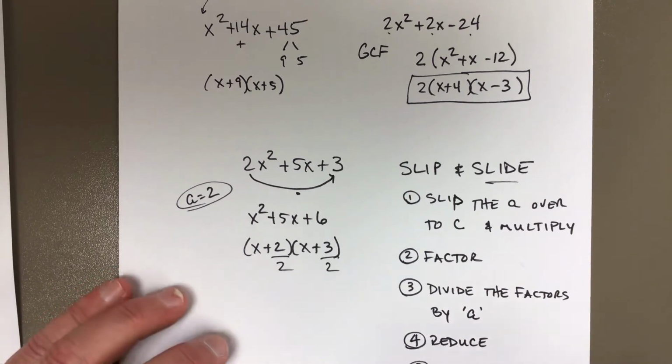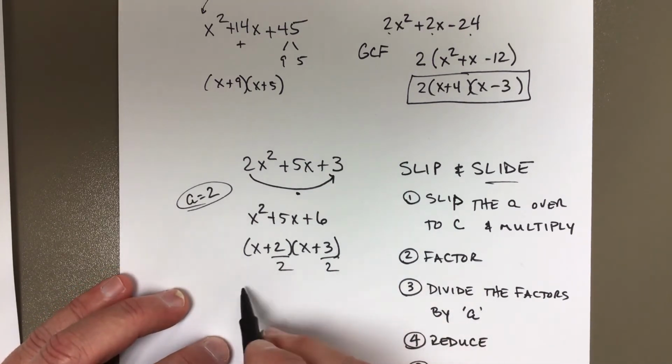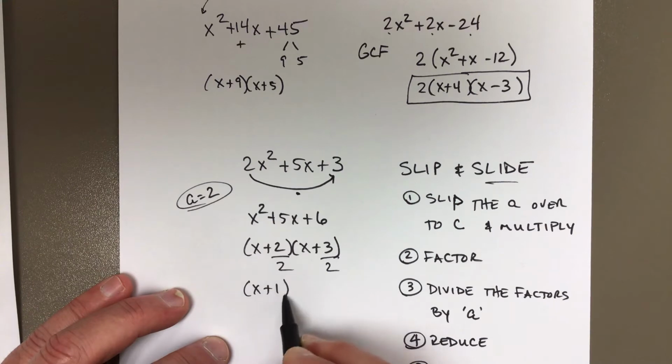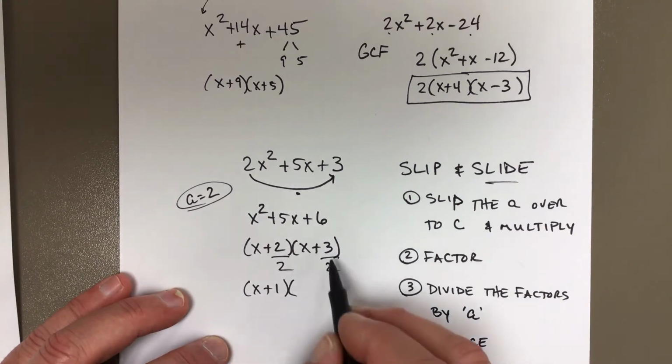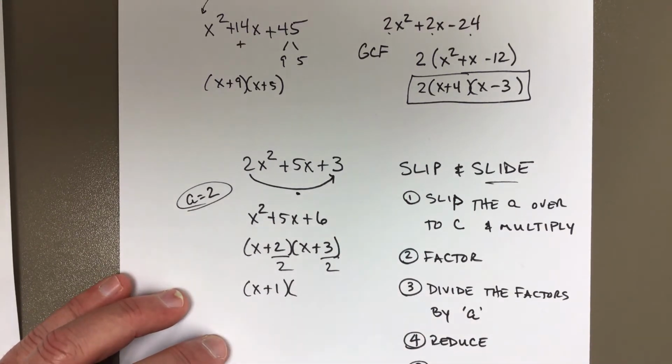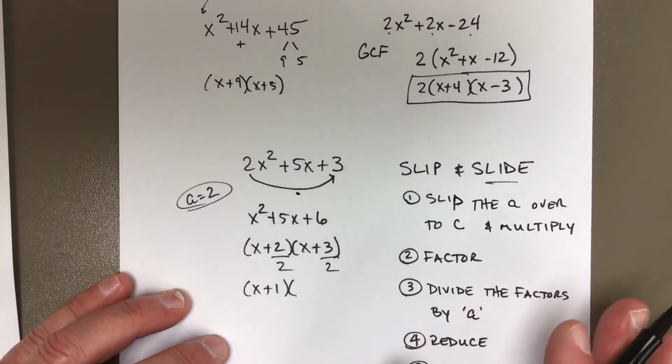So number 5, you slide the denominator in front of the x. Let's take a look at this. 2 divided by 2 is 1, so this is going to be x plus 1. 3 over 2 we can't reduce. Now do not change it to a mixed number, don't do anything like that.